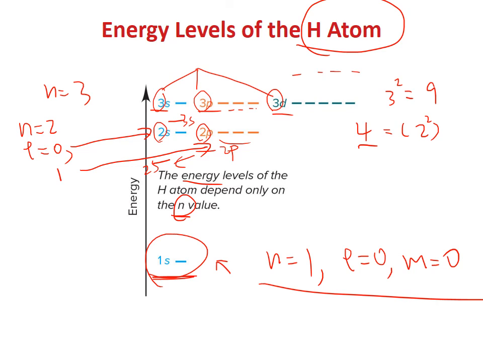So those are for multi-electron systems. But for the hydrogen atom, the energy only depends on the principal number n.